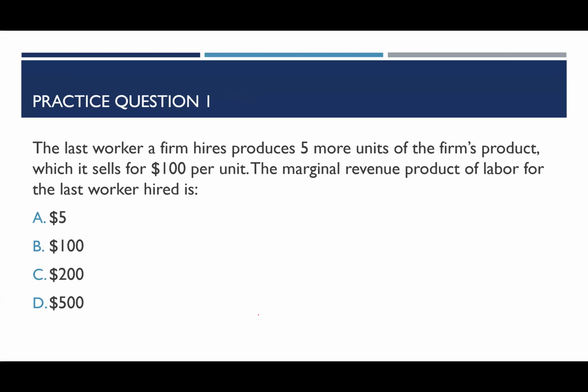Okay, so let's do an example here. Let's say that we have a firm and the last worker they hire can produce 5 more units of their good, and the firm is able to sell those units at $100 each. And we want to find the marginal revenue product of labor for that last worker. So we want to remember the marginal revenue product of labor is equal to the marginal product of labor times the marginal revenue.